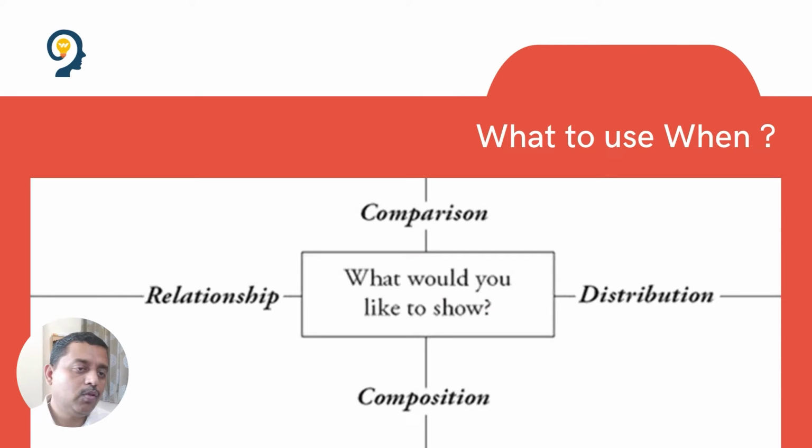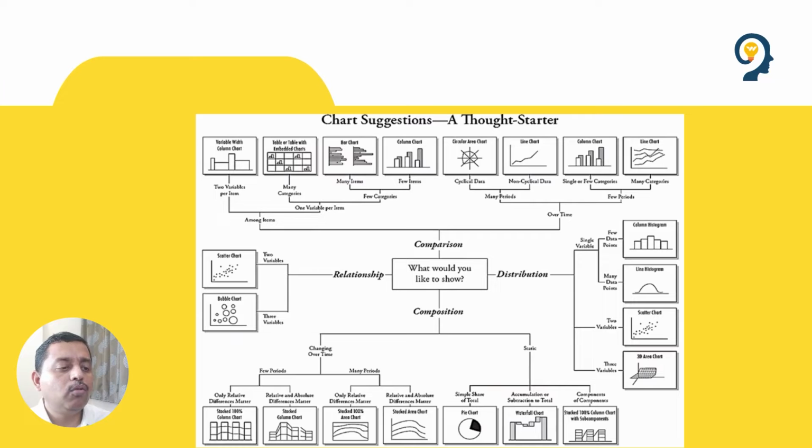Now it is not enough to just understand that these are the 4 ways to work with visualization, or the 4 ways to share your data story. There are other things as well to be taken care of. Let's have a look. When you say comparison, we first need to understand whether the comparison is over time or among the items within the data.